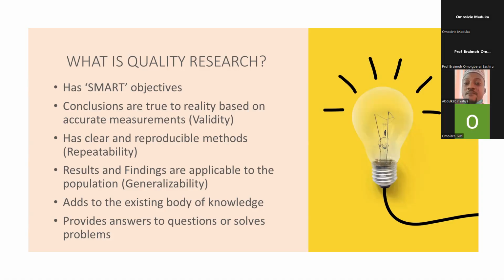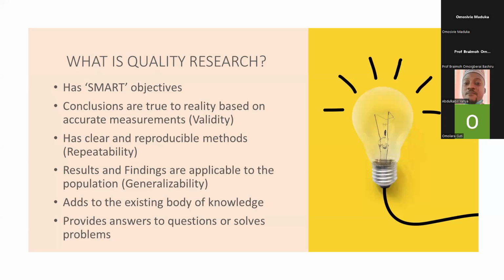Then there is generalizability. That's another quality of good research. Generalizability refers to the fact that one is able to apply the findings of this particular research, which was done in a sample, to a population.